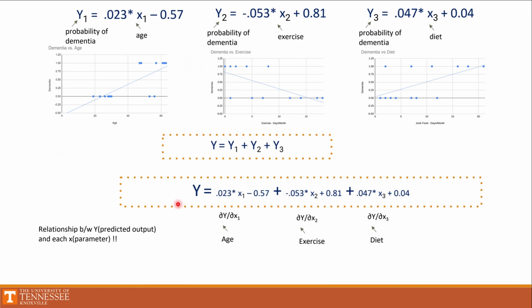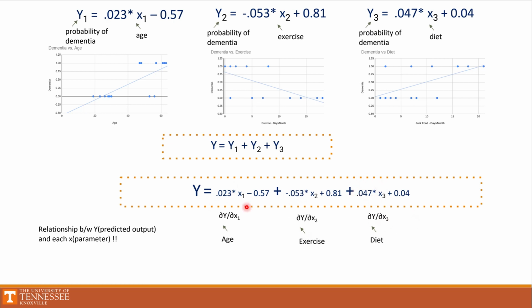Now, if I start taking a partial derivative, what will be the value that I get for delta y by del x1? What would be the value here? 0.023. And for exercise, we will have the value minus 0.053, and for diet, 0.047.